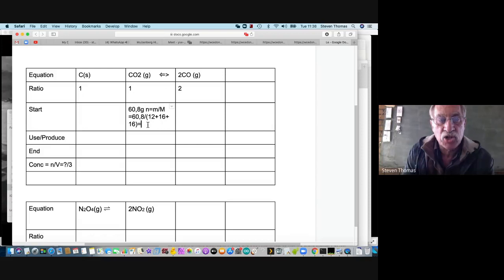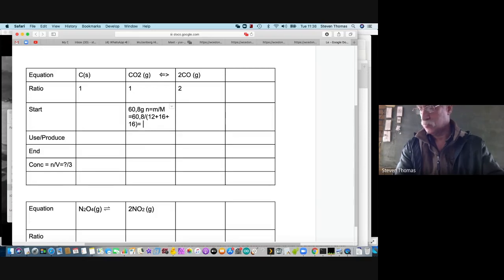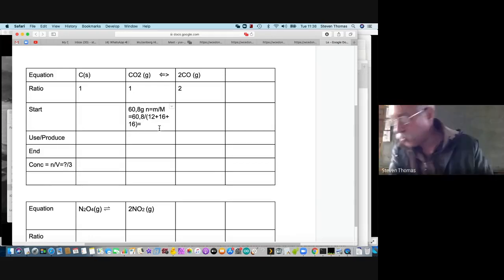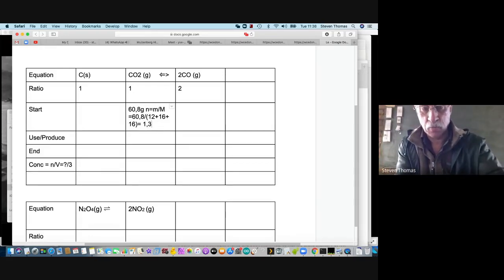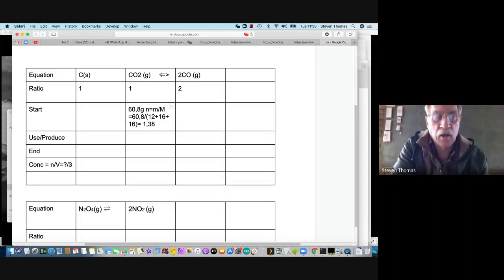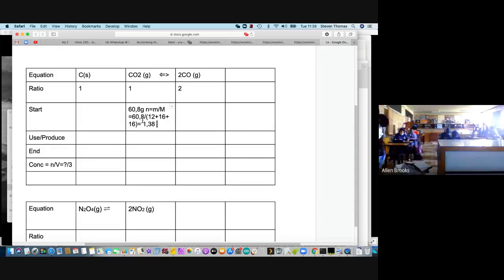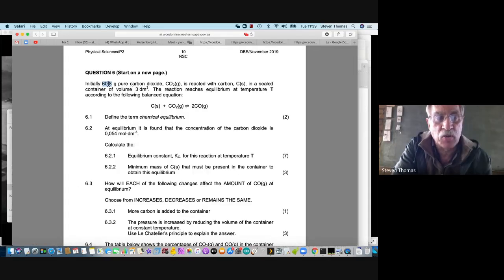So what did you get then as 60.8 upon 44? 1,38. So that's how much CO2 apparently in moles we start with. All happy? Yes, sir. Okay, do they give us anything else that we started with? No.